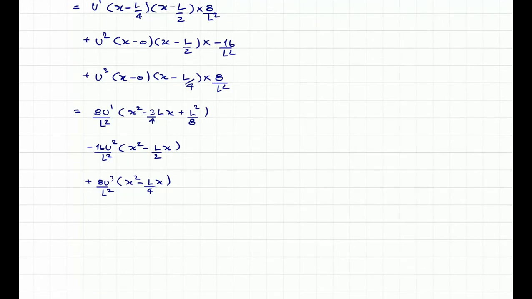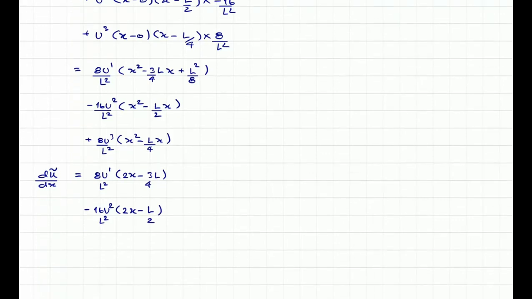And then if you want to take the derivative of u with respect to x, you get 2x minus 3/4 L, minus 16 u2 over L squared times 2x minus L over 2, plus 8u3 over L squared times 2x minus 1/4 L. Oops.